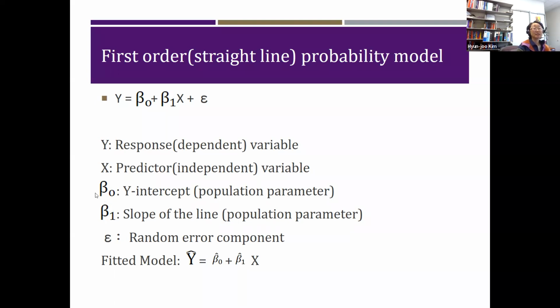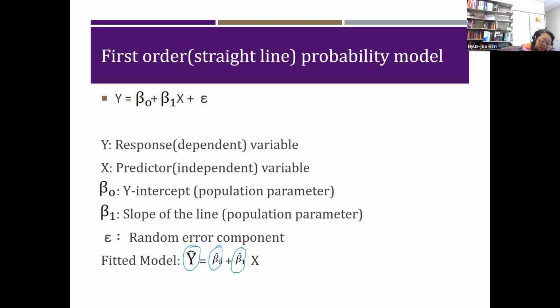Once we figure out the actual values of beta naught and beta 1 based on our data set, we will call them beta naught hat and beta 1 hat. Beta 1 hat is a guess of beta 1. Beta naught hat is the guess of beta naught. And your y also gets a hat because it's a guess of the y value based on your beta naught hat value and beta 1 hat value.